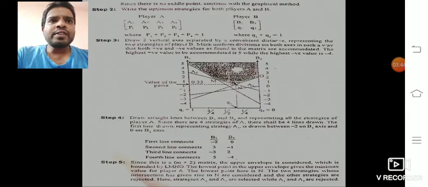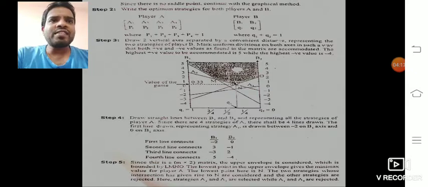You can take the scales by finding the minimum number and maximum number in the matrix. The minimum number in the matrix is -4, and the maximum number is 5. According to your convenience, you can take the scale for the 2 vertical lines B1 and B2.